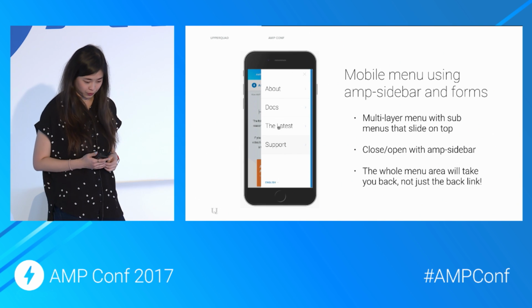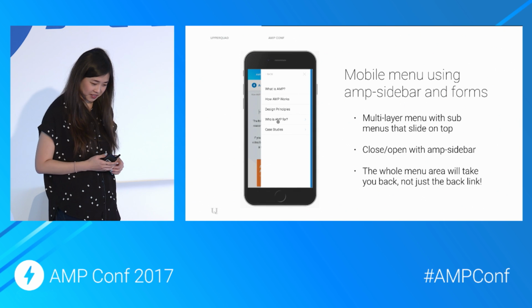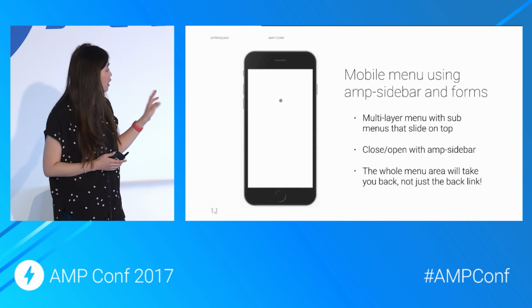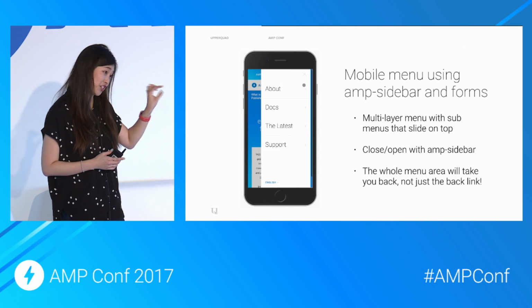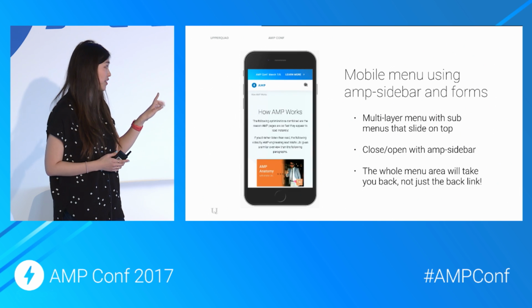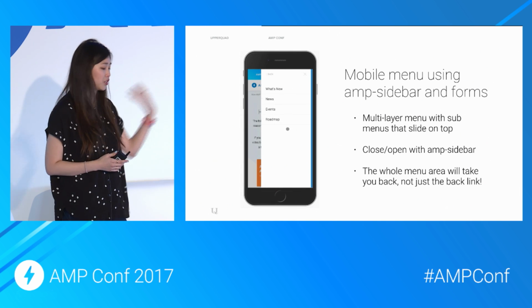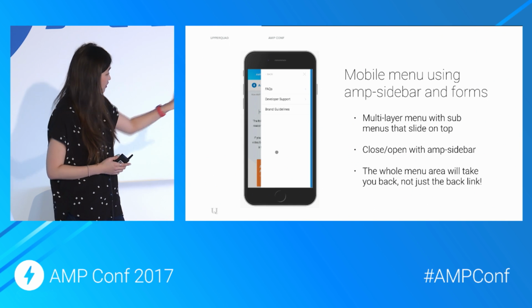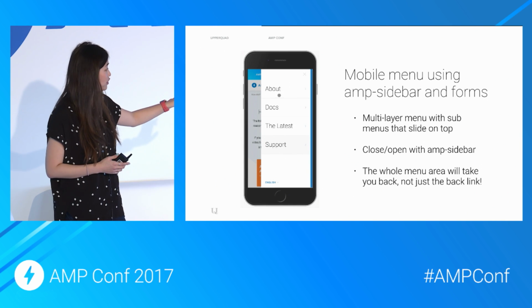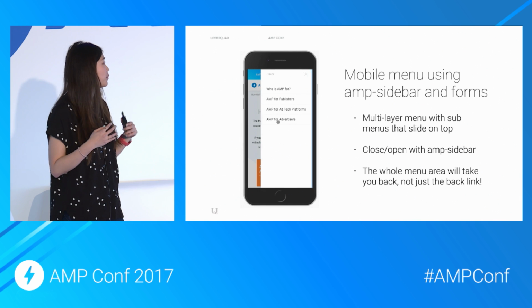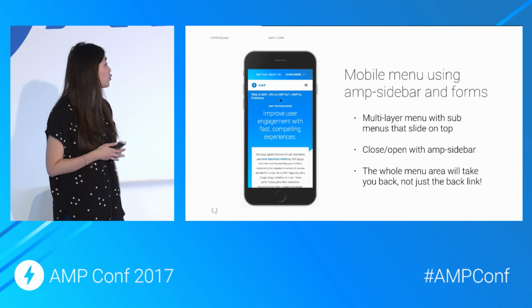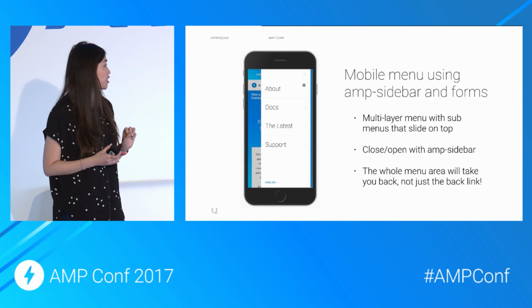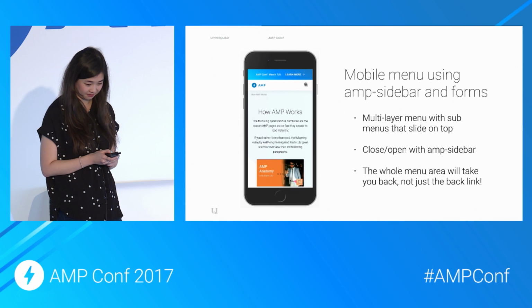And this is sort of a funny thing that we did: each option with a sub-menu secretly has a checkbox in it. So when you check that checkbox, we know which sub-menu to show. A consequence of that is that there is a back button on the menu, but it's actually just a fake-out back button, because if you click anywhere on that menu, it'll unselect the checkbox and go back.